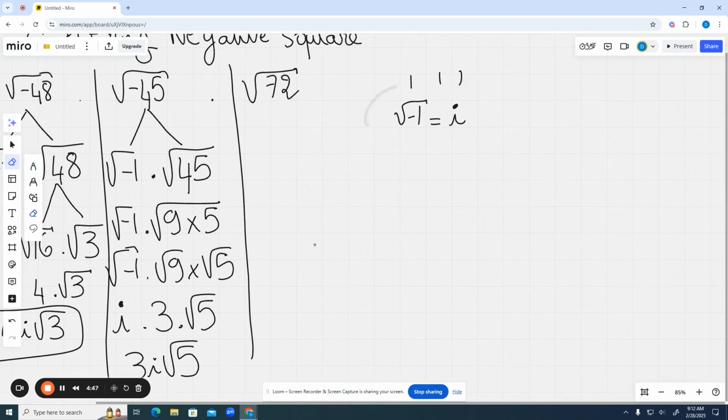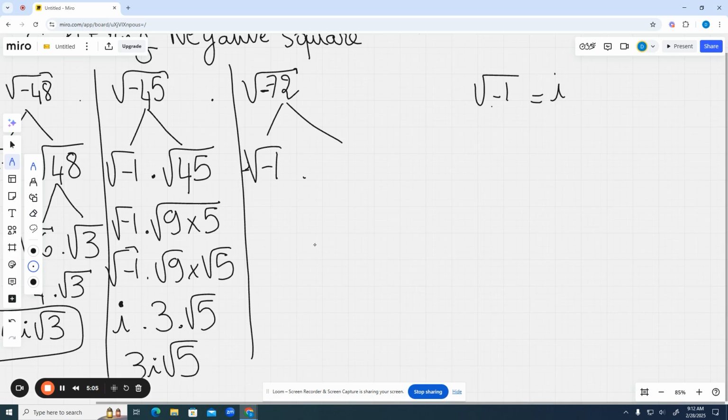Let's work this last problem. I think I forgot a negative sign here. And we know that the square root of -1 equals i. Also, we can break it into the square root of -1 times the square root of positive 72. And we know that 72 is 9 times 8.